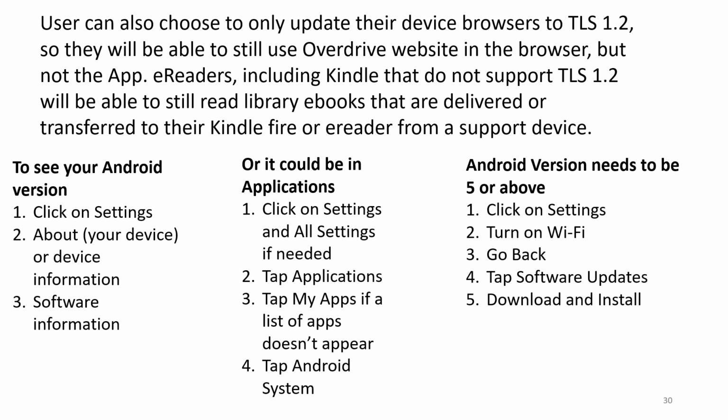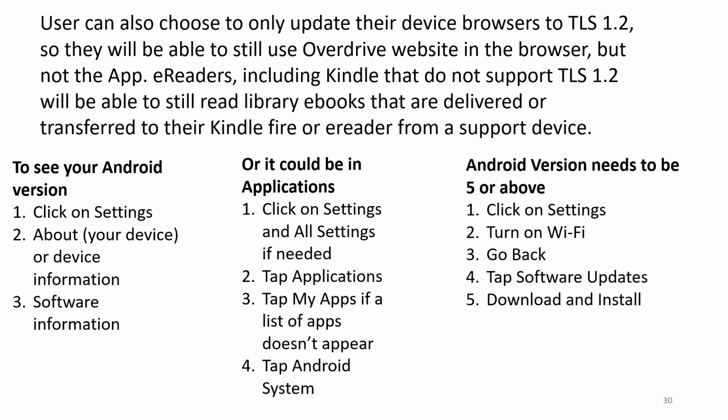Users can also choose to only update their device browsers to TLS 1.2, so they will still be able to use the Overdrive website in the browser, but not the app. E-readers, including Kindle, that do not support TLS 1.2 will still be able to read library books that are delivered or transferred to their Kindle Fire or e-reader from a supported device.